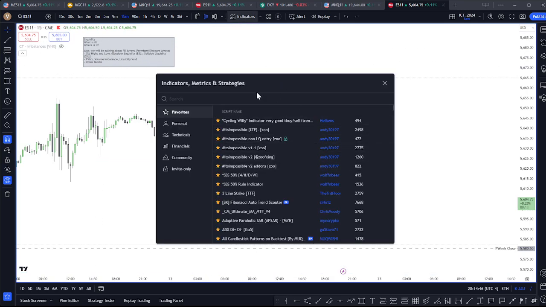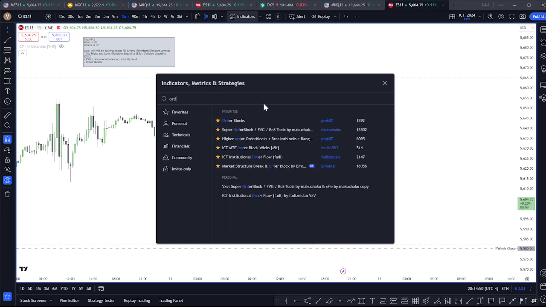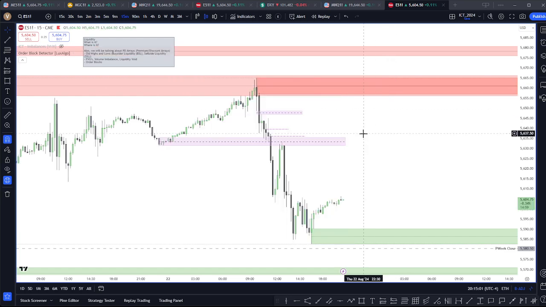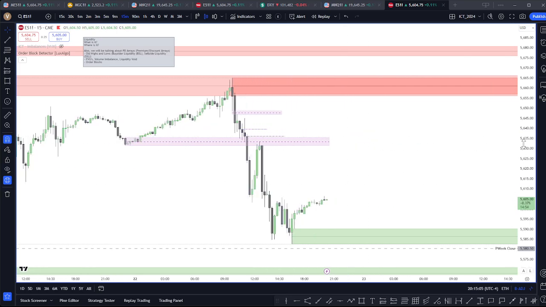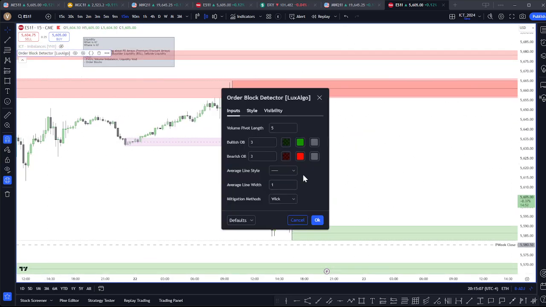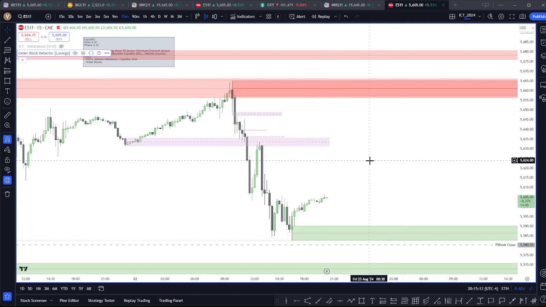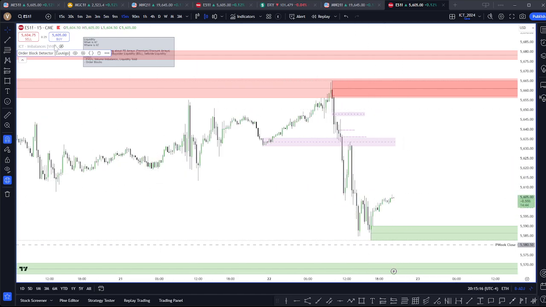Try order block detector by LuxAlgo. It kind of marks that line, but I'm not looking for that line. I wanted something else. No, this will not work.